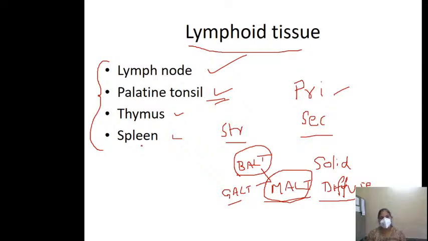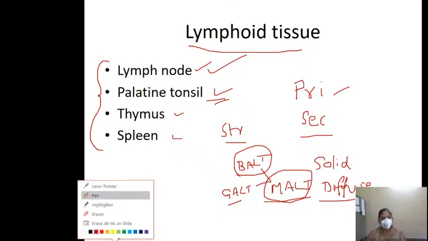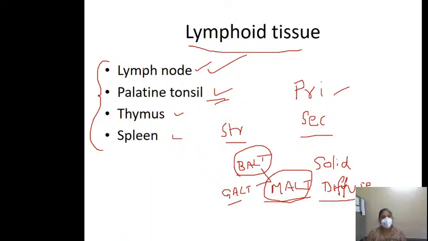The structures having the terminology cortex and medulla are the lymph node and thymus. So thymus and lymph node have the terminology called cortex and medulla.